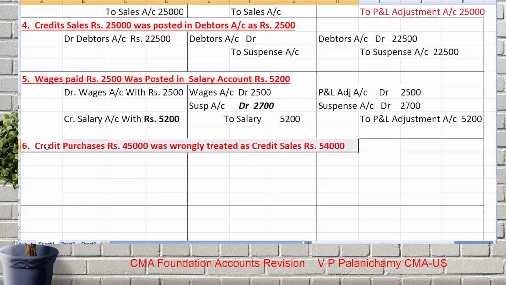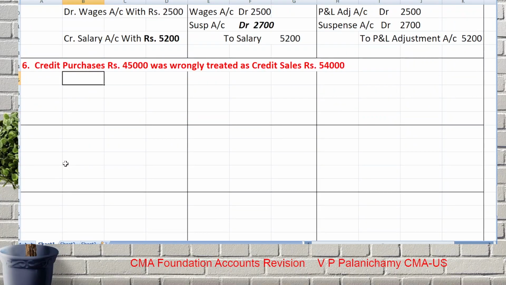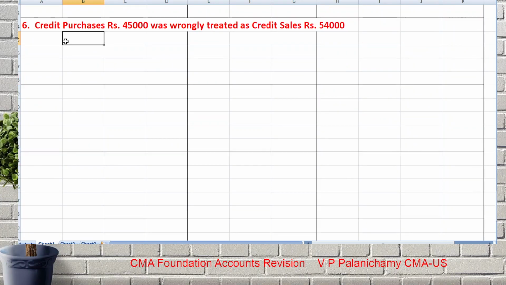Credit purchases was wrongly treated as credit sales. What correct entry should have been passed? Purchases account debit, how much? 45,000, to which account? To creditors account, 45,000. This is the correct treatment.